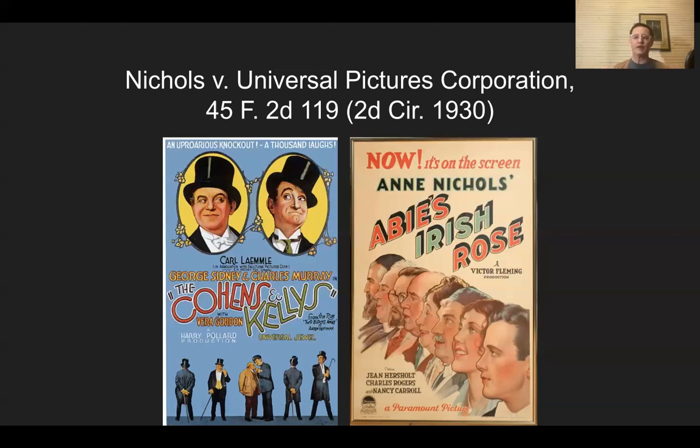And ultimately, the circuit court decided against the plaintiff on the ground that what the defendants had copied, if anything, and there was no conclusive determination of whether the defendants had copied, although under the circumstances, it was pretty clear that they had seen the popularity of one play and wanted to replicate that play in their motion picture.